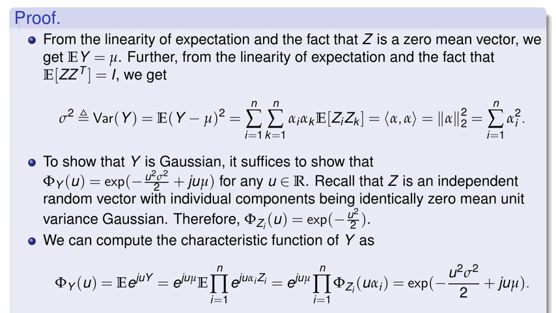This simplifies to e to the j u mu times the exponential of minus u squared over 2 times the sum from i equals 1 to n of alpha_i squared. Since sigma squared is the sum of alpha_i squared, this simplifies to the exponential of minus u squared sigma squared over 2 plus j u mu, which is exactly the characteristic function of a Gaussian random variable with mean mu and variance sigma squared.